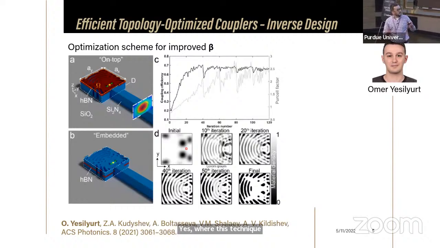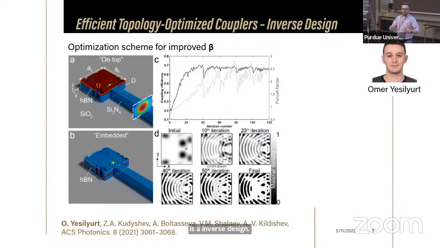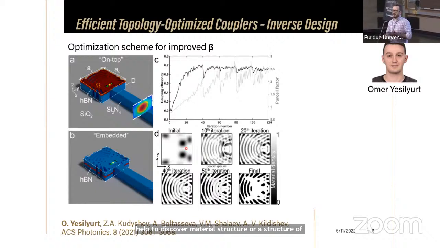So inverse design approaches are algorithmic techniques that help to discover the structure of optical materials based on desired functional characteristics. And how does this work?